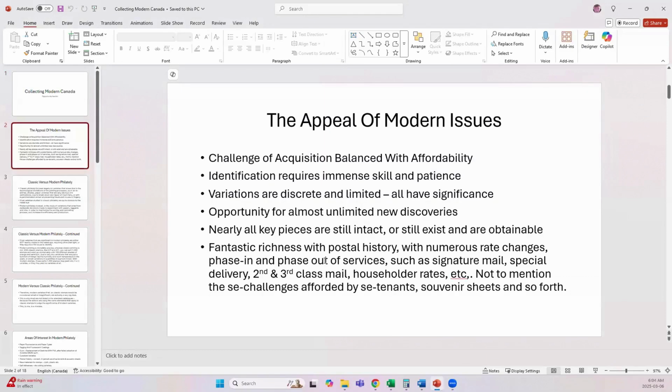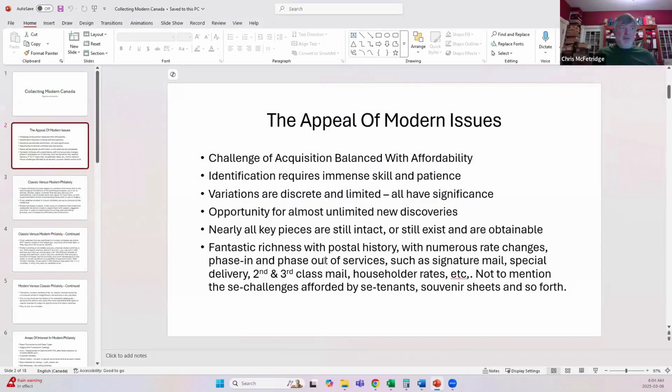Good. So now, okay, I'm going to talk a little about the appeal of modern stamps. For me, a very major part of the appeal is you've got a balance of the challenge of acquisition with affordability. In the classic period, most of the stamps are so well known and so well documented that all the elusive stuff is already very expensive, and it's priced accordingly.